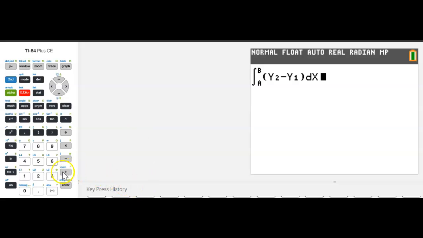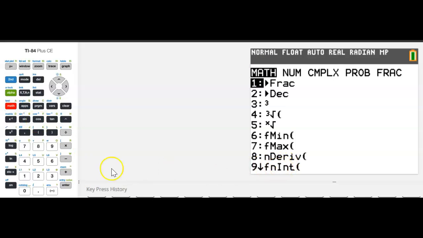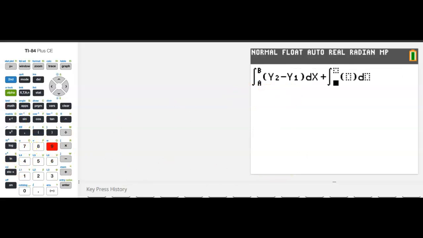Add that to the region bounded from B to C, and it's going to be y sub 1 minus y sub 2 this time. Let's pull the integral out of the math menu, choice 9, and now we're going to go from B to C. So hit alpha B and then arrow to the right, alpha C, arrow to the right, and now we're going to do y1 minus y2.